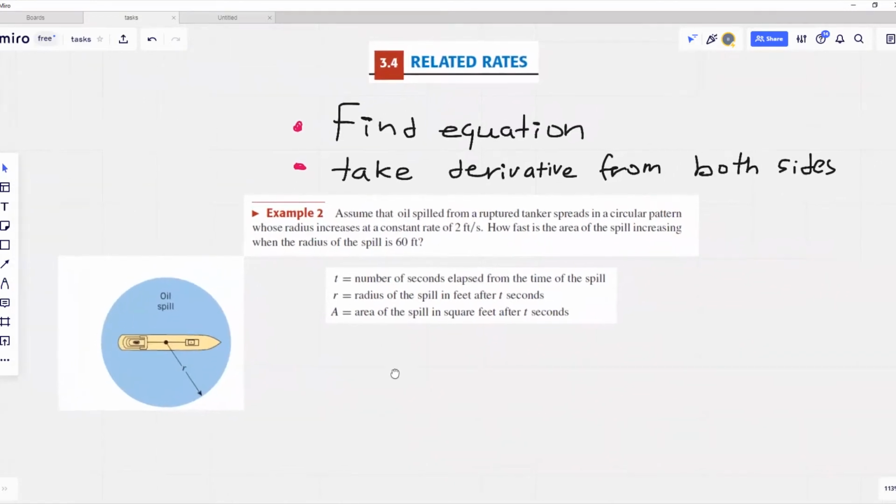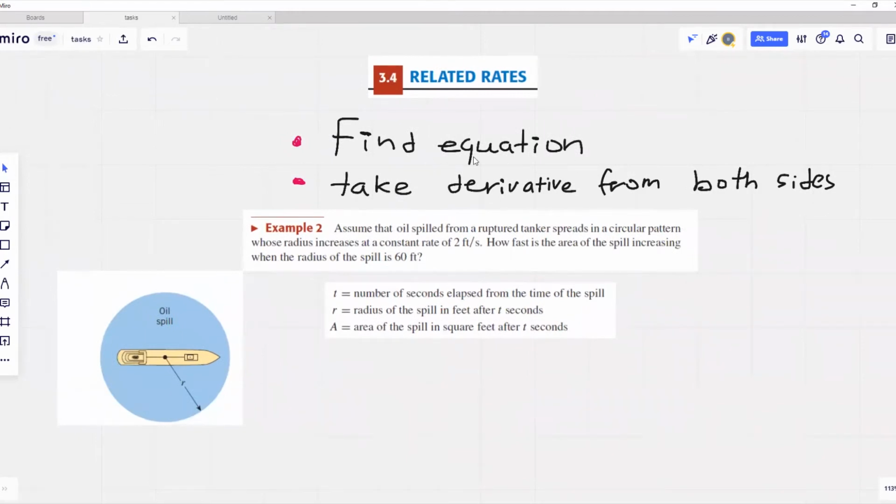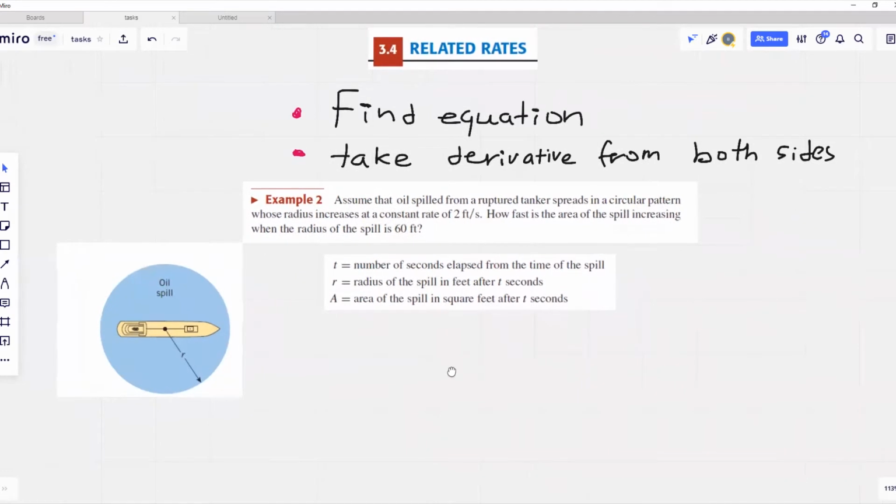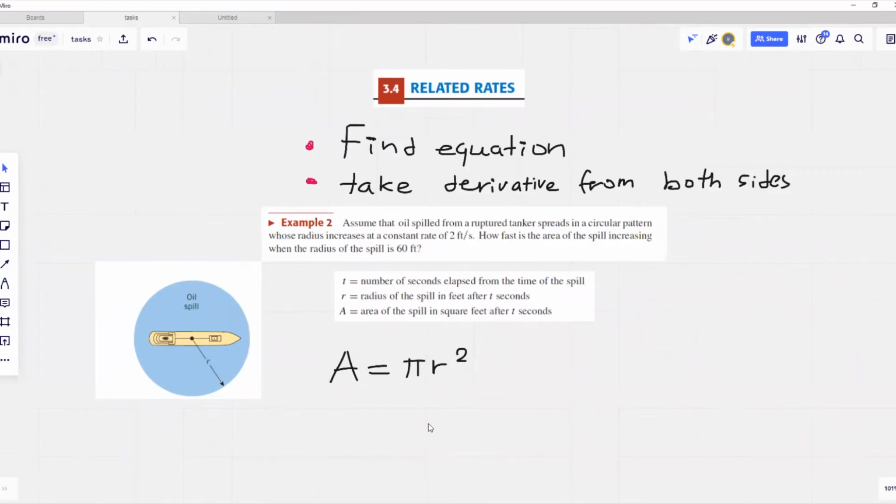All right, then let's follow our two simple steps. The first one is to find an equation that is going to relate all our variables. The equation in this problem is quite simple. The area of the spill is equal to pi r squared.